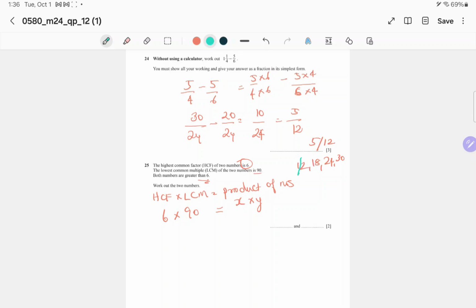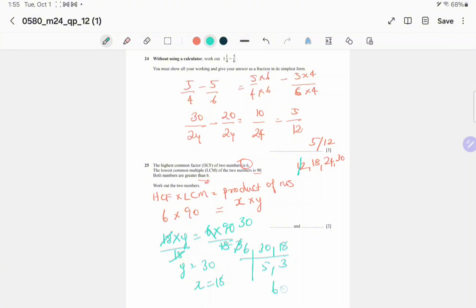I will go to the next number, 18. So 18 into y is equal to 6 into 90. Divide by 18 on both sides. This is cancelled, so y is equal to 6 into 5, which is 30. X is equal to 18. Checking with the LCM method, 30 and 18 divided by 6 gives 5 and 3.